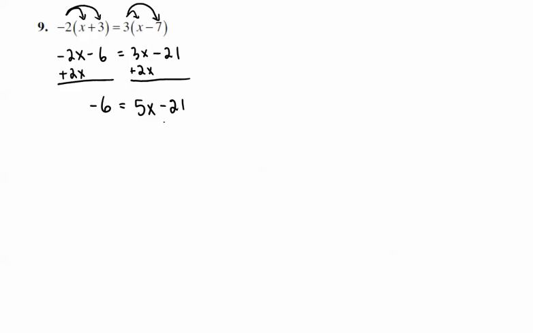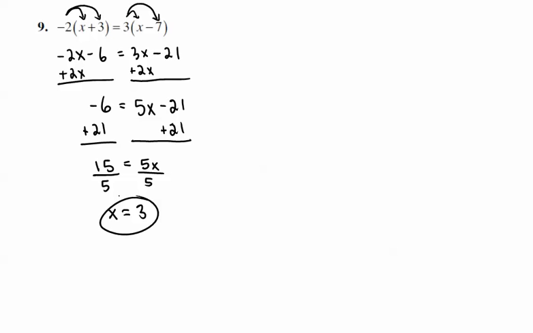So I do need to add the 21 to both sides, and we have negative 6 plus 21, or you could also say 21 minus 6, which is 15. So 5x is equal to 15. Divide both sides by 5, and x is equal to 3. And so that's our answer for problem number 9.